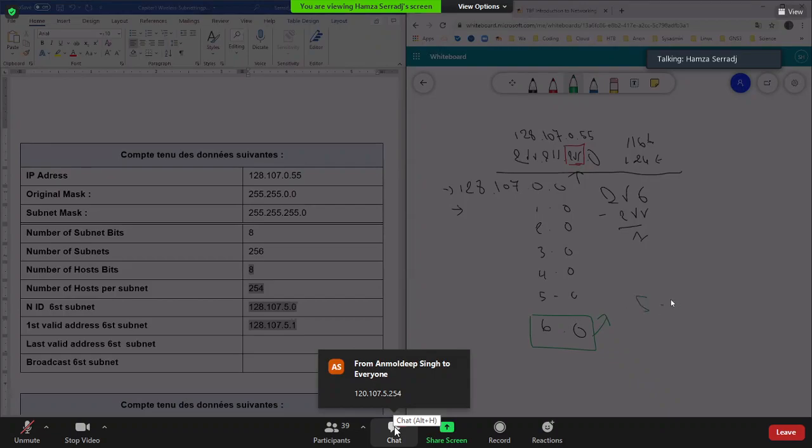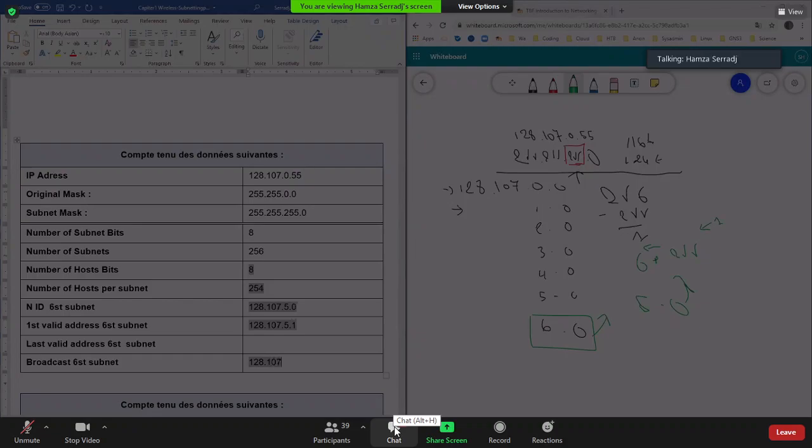So everyone is saying that the address before 6.0 is 255. If I add 1, I will reinitialize to 0, but I'm going to have 256. So I need to push that bit here, and I will end up with a 6 here, right? So 6.255. So this is my broadcast address, 128.107.6.255. And of course, the last valid address is 254.